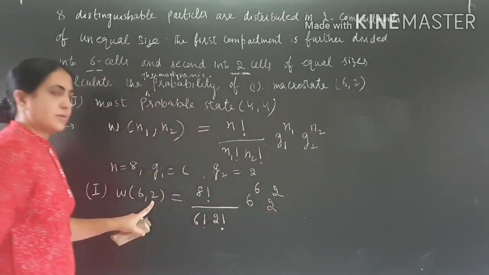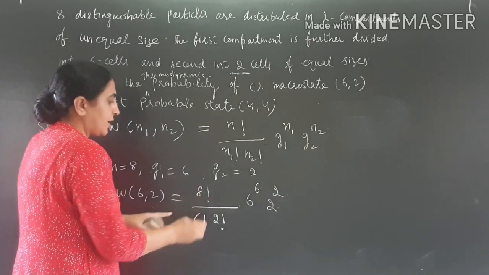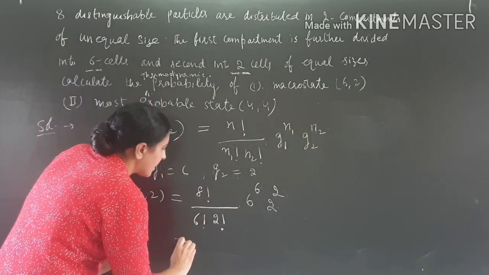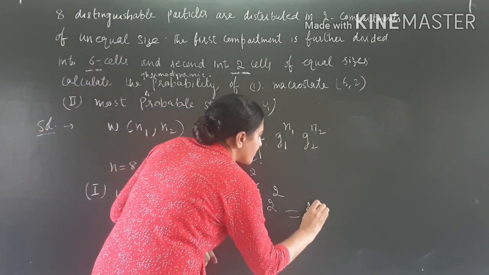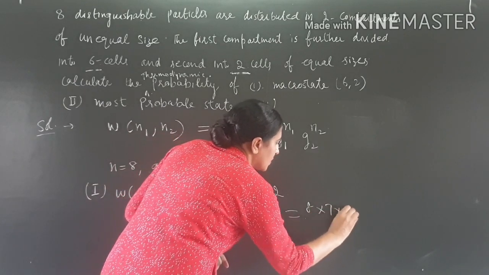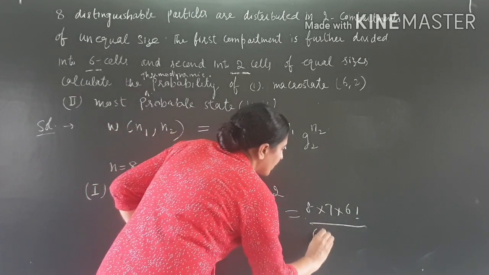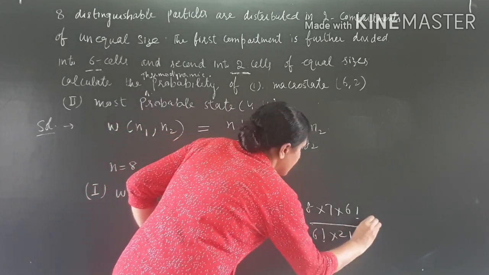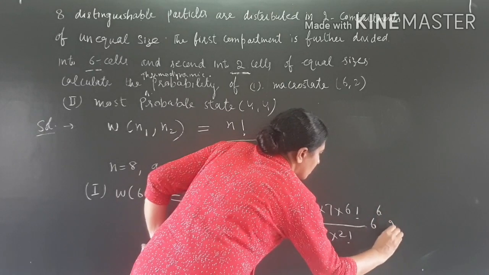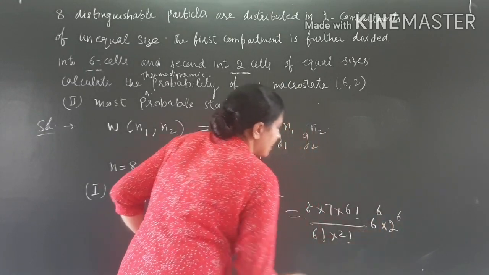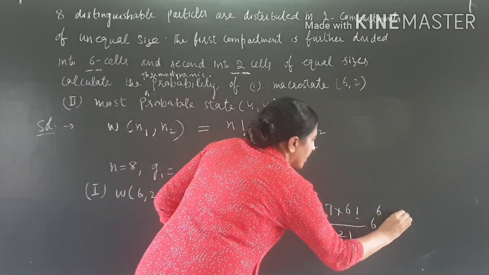Clear? 8 factorial you can write as 8 into 7 into 6 factorial, divided by 6 factorial into 2 factorial, 6 raised to power 6, 2 raised to power 2.